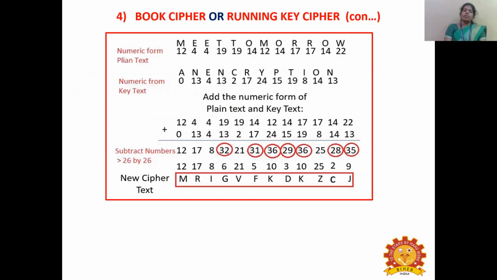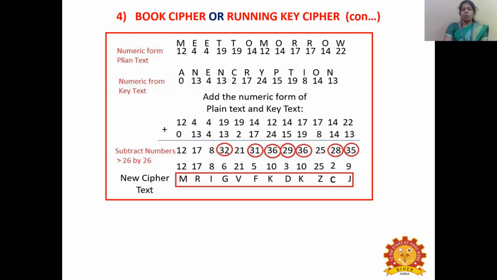Then you have to write the plain text and your key in numeric form. Starting from 0 to 25, we have already given a number for every letter, A to Z. According to this, you have to give the numeric form for the plain text and the key.